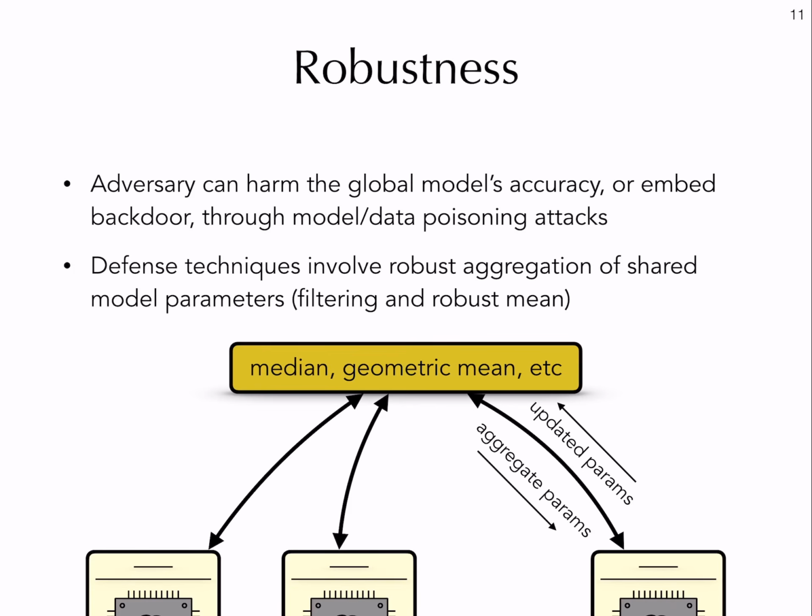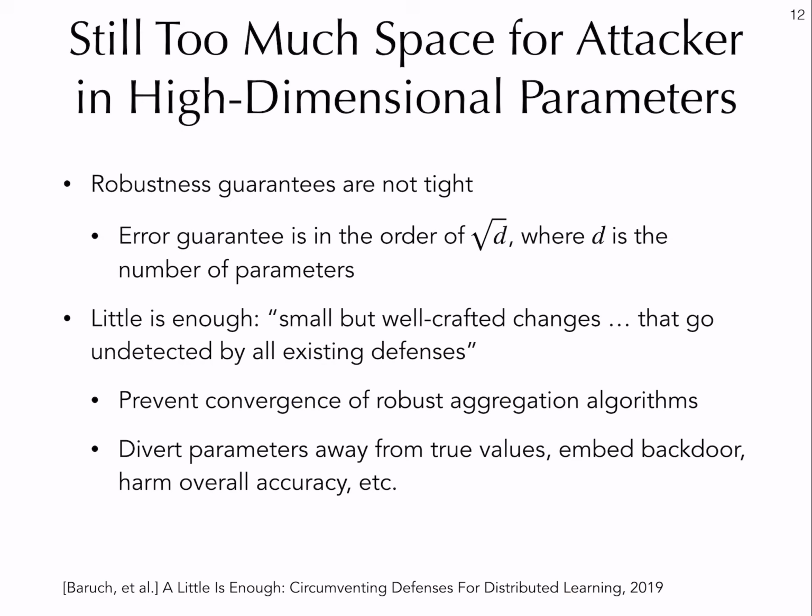And some of them are coming with robustness guarantees, but unfortunately in this very high dimensional space of model parameters, million dimension, the error guarantee is not very tight, as it is proportional to the square root of d, d being the number of dimensions.